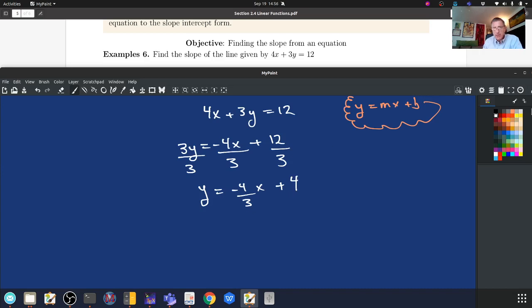So that gives me exactly what I was looking for. y is equal to mx plus b. My slope m is equal to minus 4/3. Notice there's no x there. And my intercept, (0, b), not any intercept, but the y-intercept, is (0, 4).